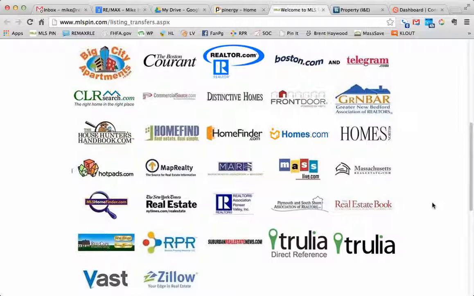On Trulia, for example, you'll notice a lot of agents listed on the sidebar, and that's a service that agents pay for. The goal there is to pay for that spot, and ultimately a buyer will click on that, and it's a lead generator. That's how those companies work, and that's why the Zillows and Trulias are around, because they're capturing buyer leads and selling those leads to agents.